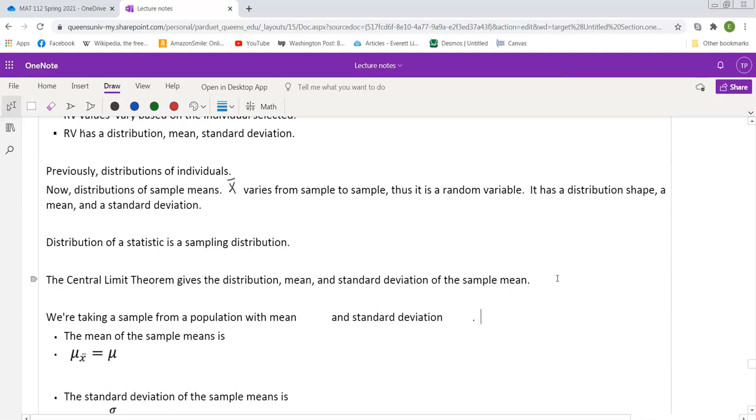This population has a distribution. That distribution may be normal or it may not be normal. It may be discrete or it may be continuous. So this is mu and this is sigma.